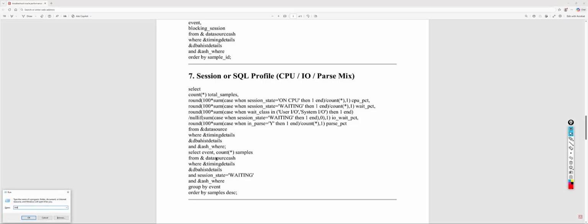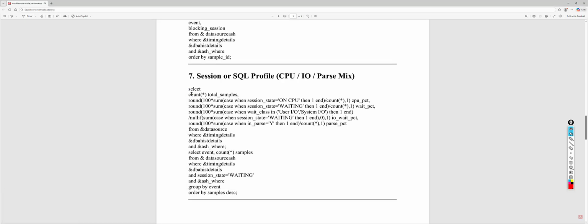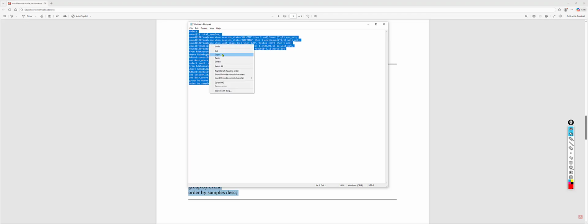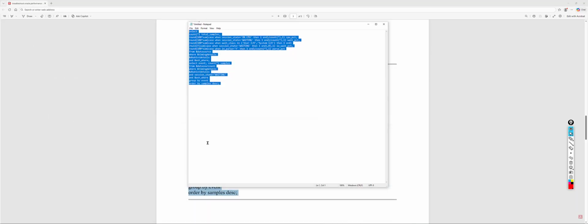Let me open a notepad and correct this SQL. There is some space issue in the query. Let me execute this again. We are getting the same issue.